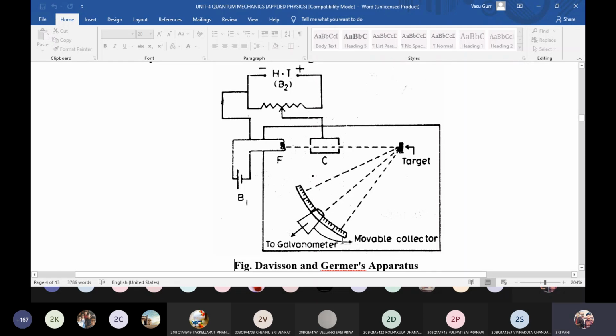What is that collector called? Is the collector at rest or movable? Movable collector. So whether the electrons have reached the collector or not, to test that, which instrument have we used? Either ammeter, voltmeter or galvanometer. Galvanometer.